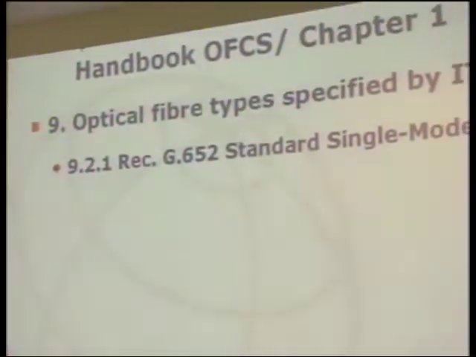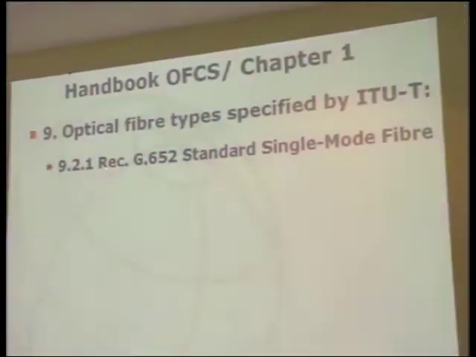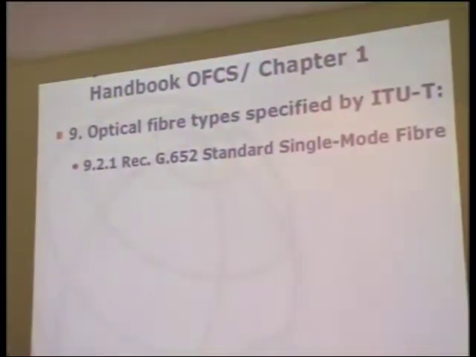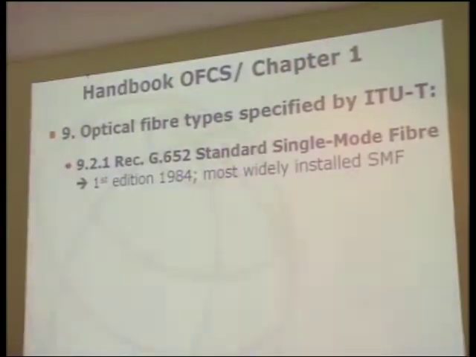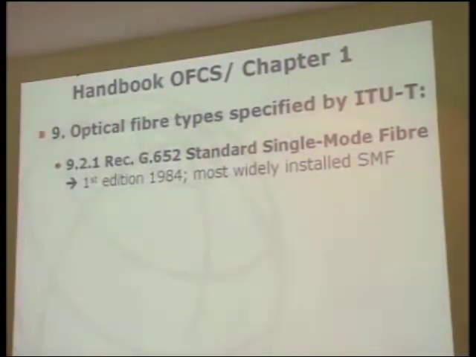Okay, then I think the most important recommendation we have in our collection is recommendation G652, which is a standard single mode fiber. It was created in 1984, and up to now, as I will show later, it is the most widely installed single mode fiber, so it is one of the most important fibers we have in our collection.